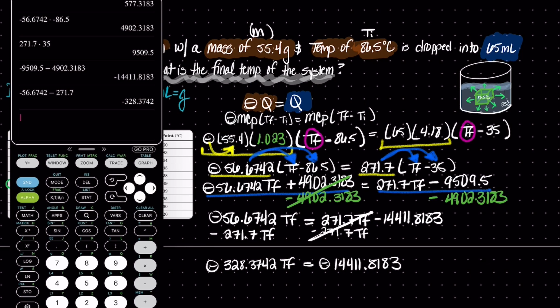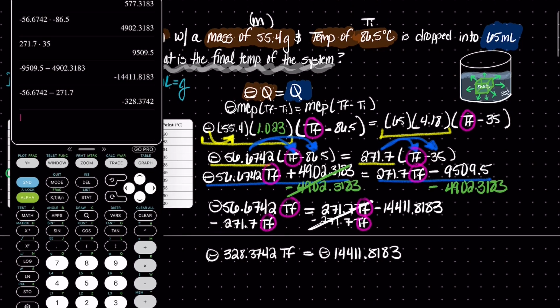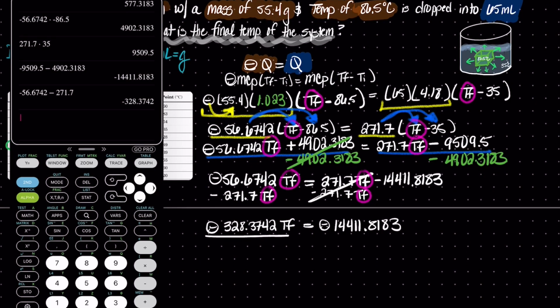Okie dokie. I know to isolate that TF, that variable I've been looking for this entire time. I'm still moving that variable. But now I get to isolate it, so I'm going to divide by that negative 328.3742, divided by that constant right here, that negative 328.3742.